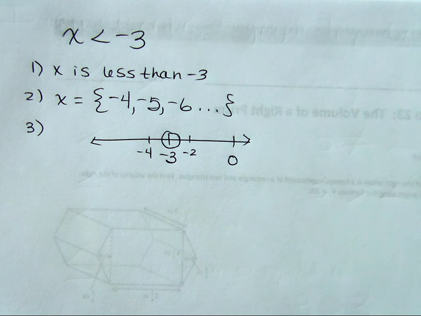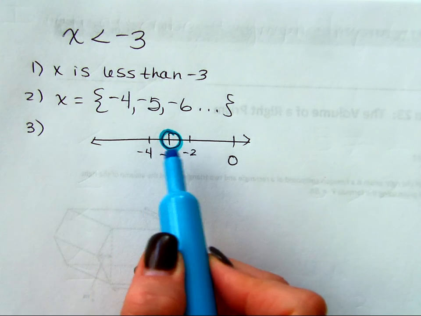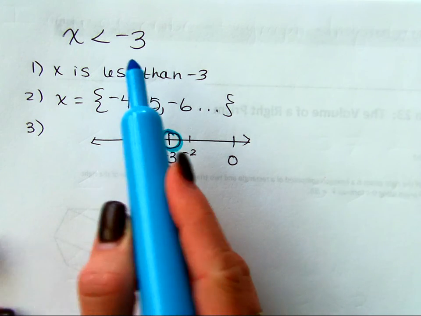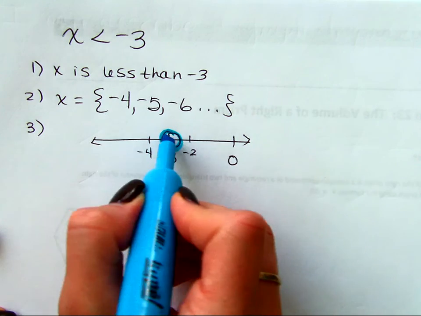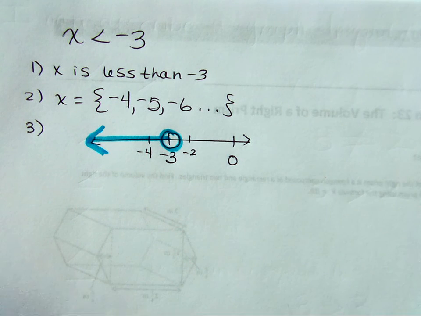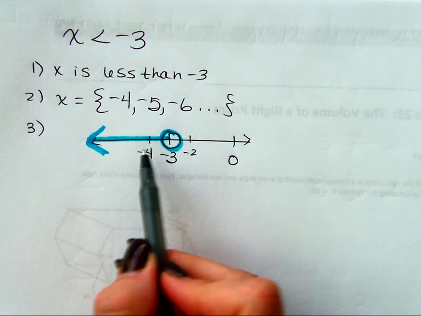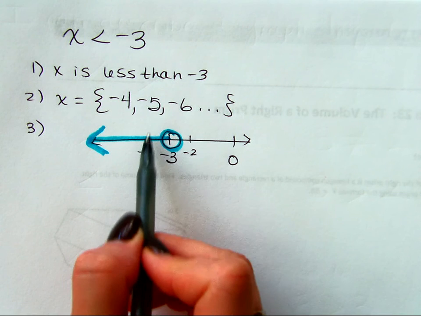And now I want to ask myself, can my solution set include -3? No, there's no equal sign up here, and less than means to the left. And here's how this can help you if you number your number line appropriately. You know that the -4 is in your solution set, so it needs to be covered, correct?